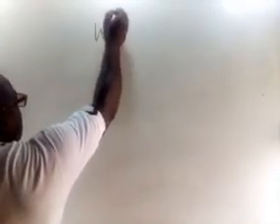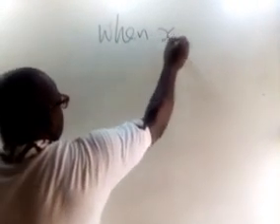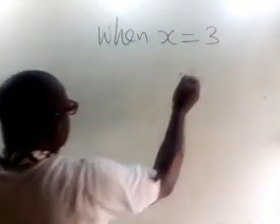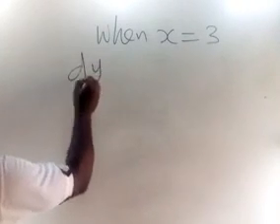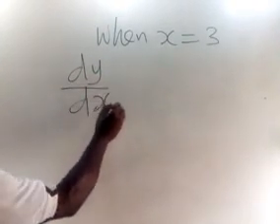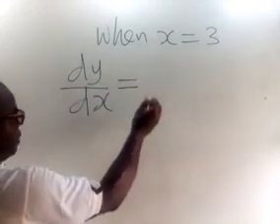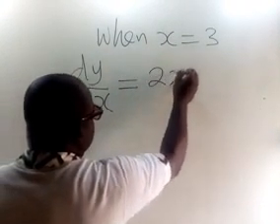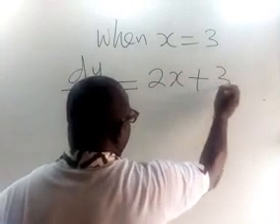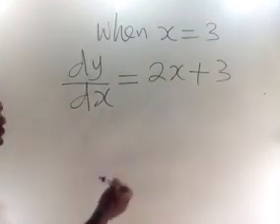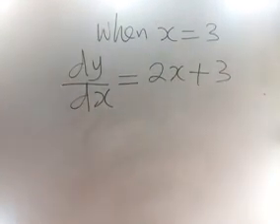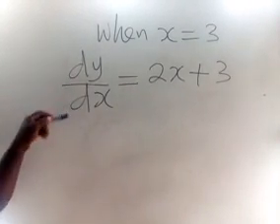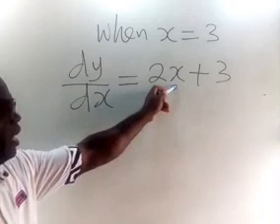When x is equal to 3, our dy over dx was given to be 2x plus 3. Then when x is equal to 3, all we need to do is just to substitute for x. Anywhere you see x in the differentiation, you put 3.